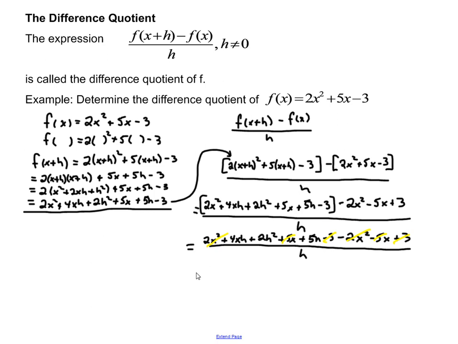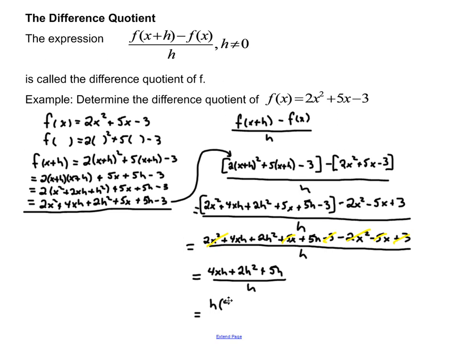And we're left with a much shorter expression now that looks like 4xh plus 2h squared plus 5h, all divided by h. And you'll notice that in the numerator, all the terms have a factor of h that can be factored out by our distributive property.